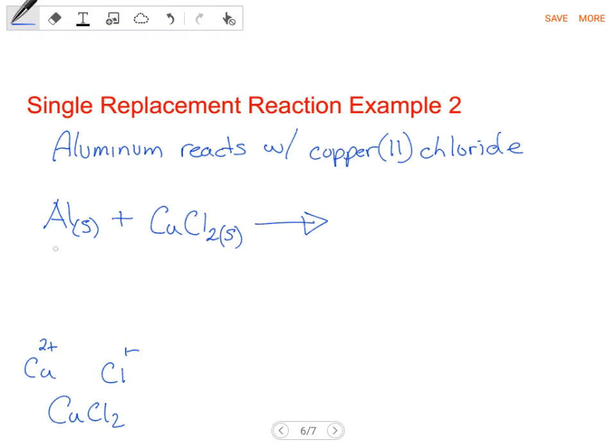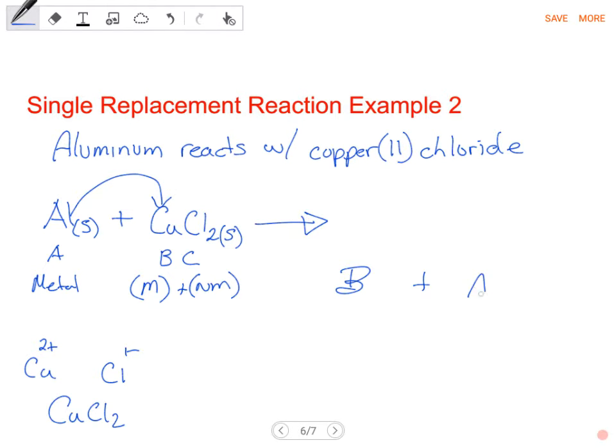Okay, so then this is our A, this is our BC, this is a metal, this is going to be a metal plus a non-metal. This metal is going to kick this one out. So then over here the flow is B plus AC. Copper should be by itself, that's going to be a solid, plus we should have Al and Cl put together.